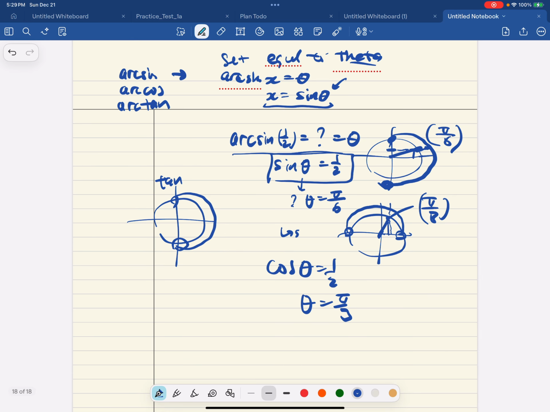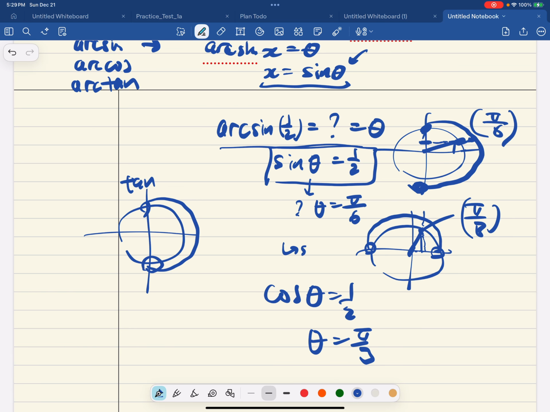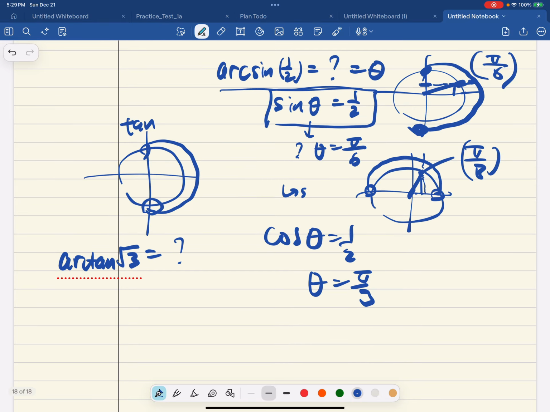And if it is a tan, let's say arctan of root 3 is equal to theta. Is equal to what? That is the question. You set that equal to theta. So root 3 is equal to tangent of theta.